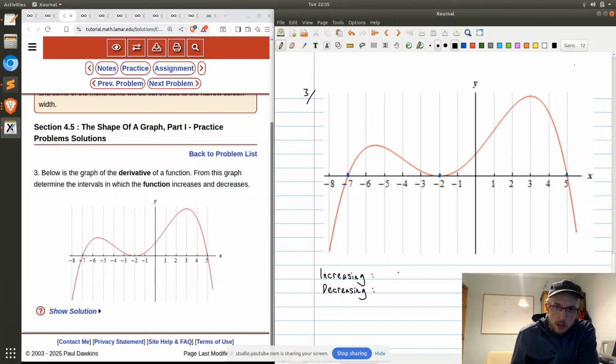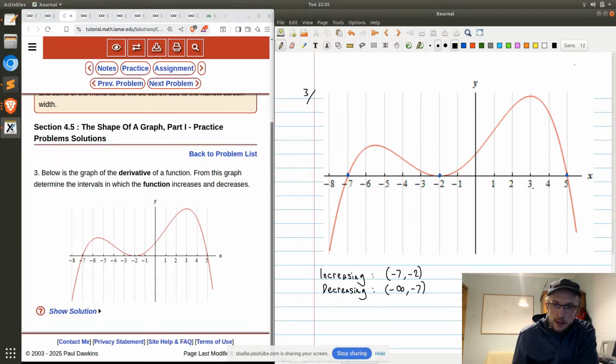All right, so I think it's decreasing from negative infinity to negative 7 because the derivative is negative. And then it's increasing from negative 7 to negative 2. And then it does nothing at negative 2.